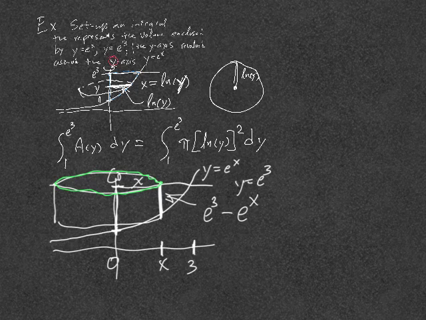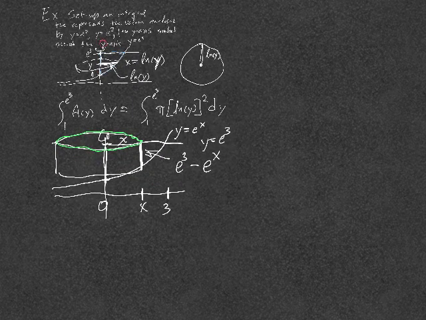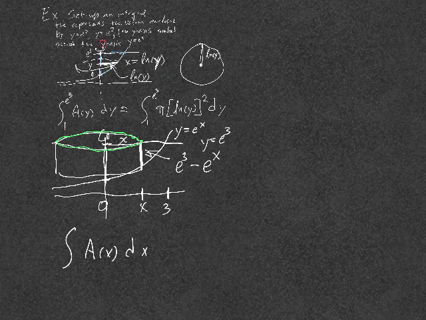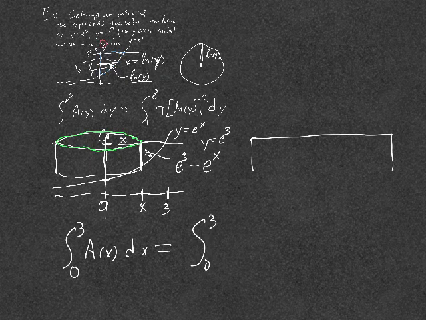And so to make our integral for this, now we're doing the area of our shell, and so that's an area in terms of x, dx, and our region is going from x equals 0 to x equals 3. But our area function now, if we think about taking this shell, cutting it open, and flattening it out, well, now the height is coming from the height of the strip, and so that's e cubed minus e to the x.